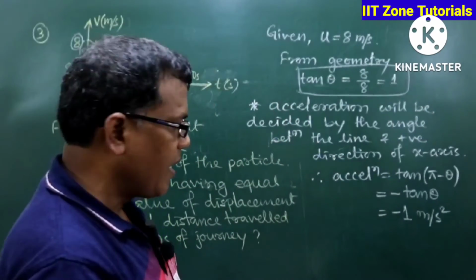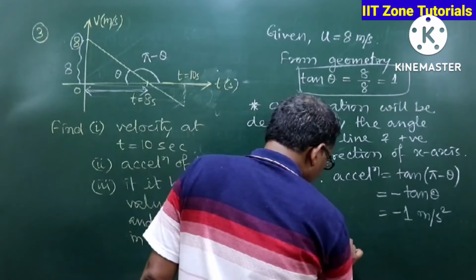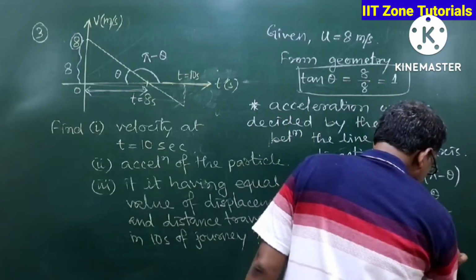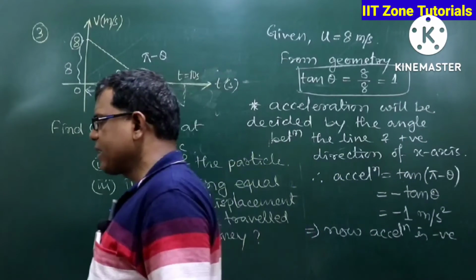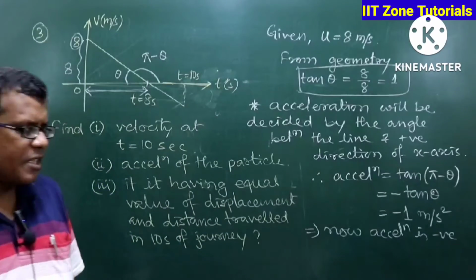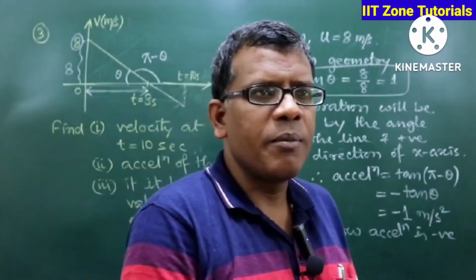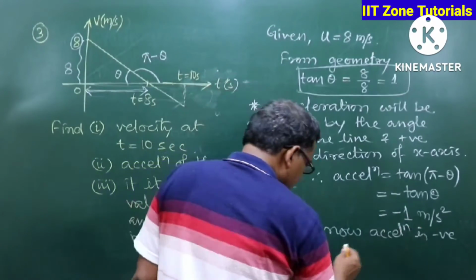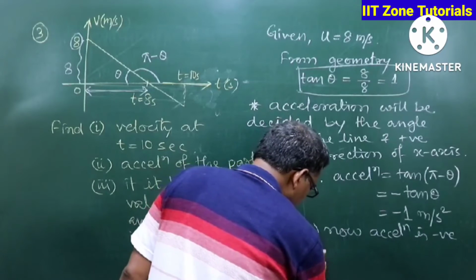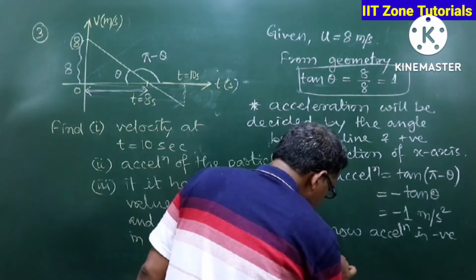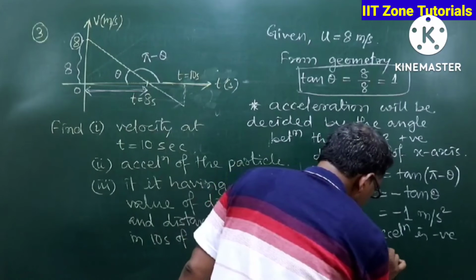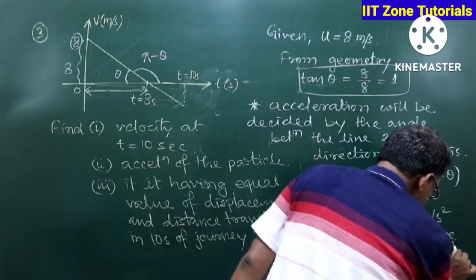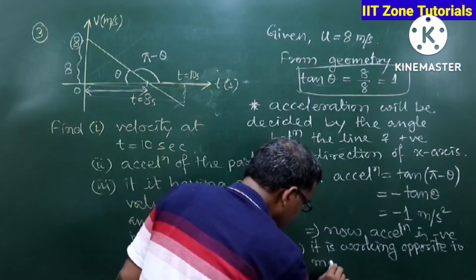That means this time the acceleration is negative. Negative acceleration means the force is working opposite to the motion, and that's why velocity will decrease.